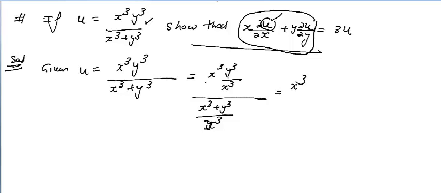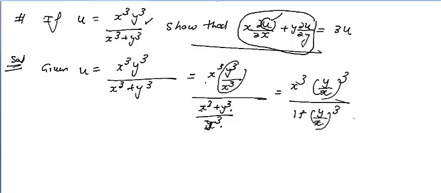This is x cube. Now x cube over x cube is 1, and y cube over x cube is y over x raised to power 3.